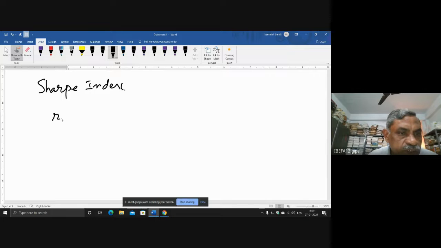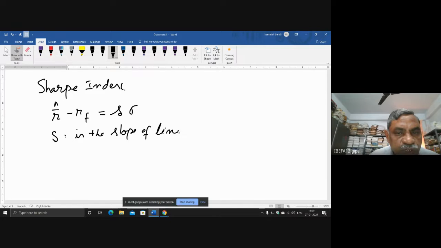This is defined as R bar hat minus RF. This is equal to S multiplied by sigma, where the value of S is the slope of the line connecting the risk-free point, that is RF, and ABC point.